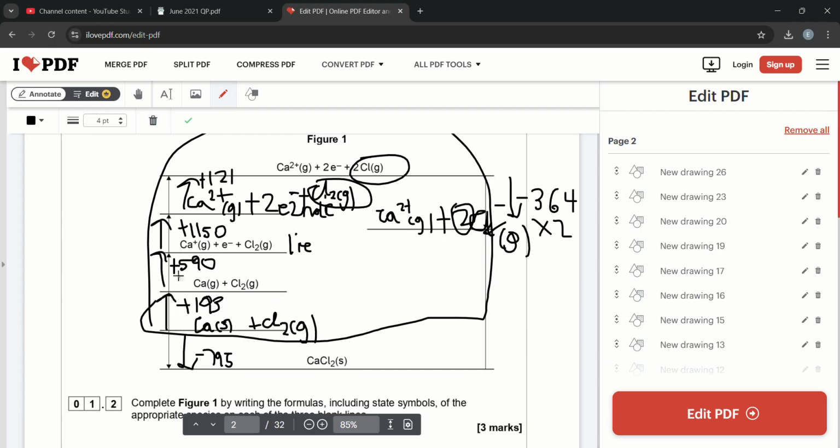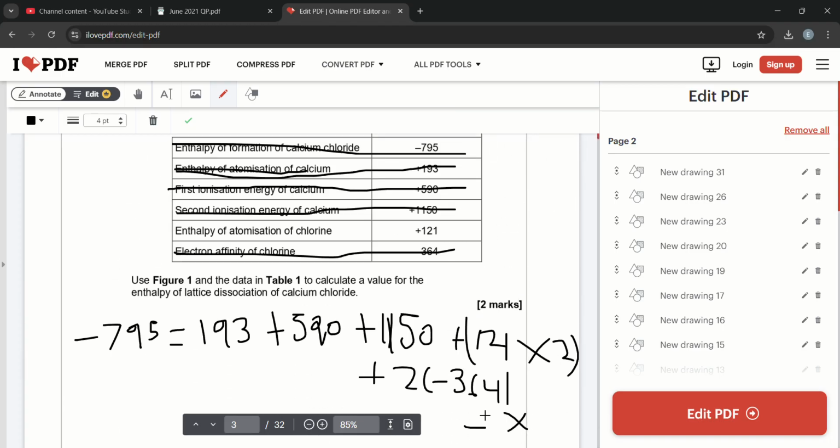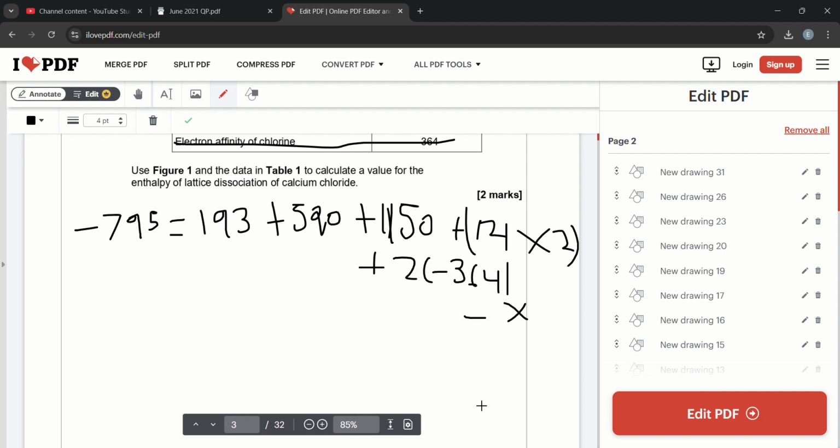Well, we've got everything except for this value, and therefore that is going to be the value we're trying to find. So it's going to be minus x, so we're going to subtract x. Now it's very simple, just put it in a calculator and then rearrange it and we'll get the value.